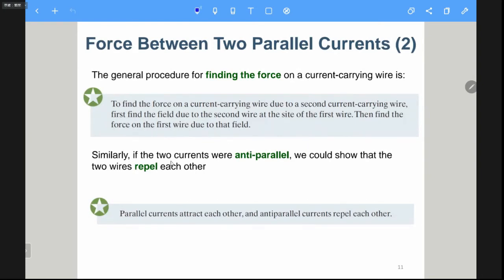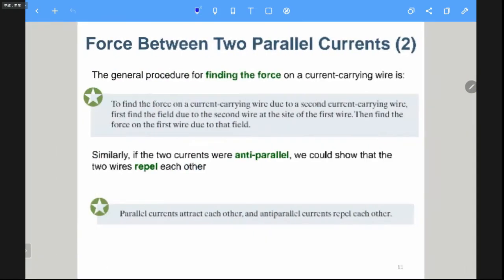In short, parallel currents attract each other and anti-parallel currents repel each other. Anti-parallel means the wires are parallel and the currents are in opposite directions. Parallel simply refers to currents in the same direction.